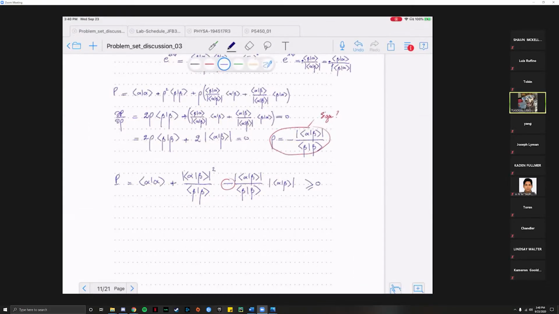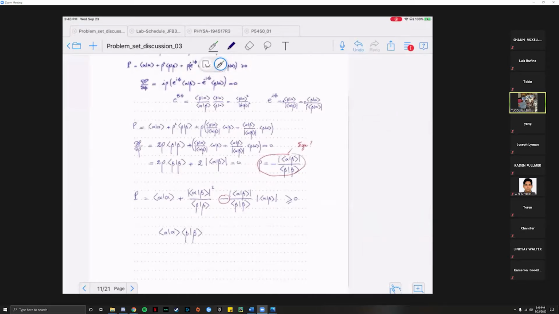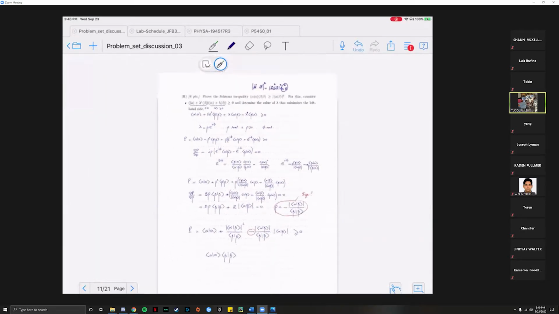If I multiply by beta beta, that's not p anymore, but I have alpha alpha beta beta. And my problem now is that you see I have almost what I want, right? Because I have this alpha beta square, which we want to have.